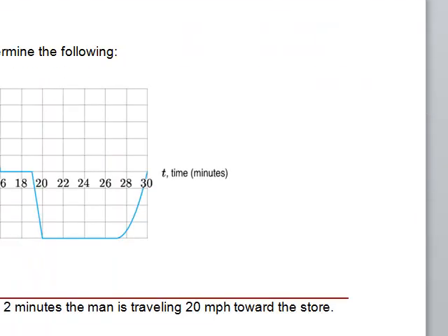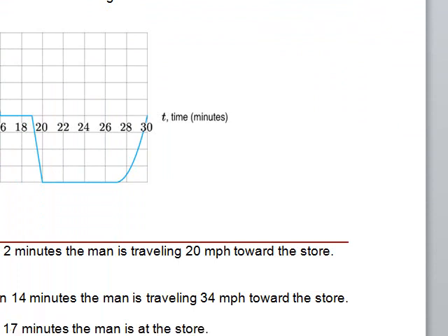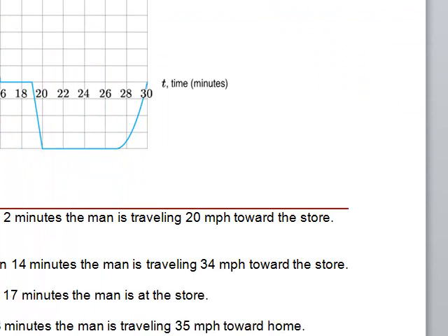Now the last example, and this is actually an example that appears on page 71 of your textbook. What we have is a graph here, and a person who's actually driving toward a store and potentially back home from the store. And what we have along the x-axis, or the independent variable axis, is time in minutes, and along what you think of as the y-axis, or the dependent axis, is the velocity toward the store.